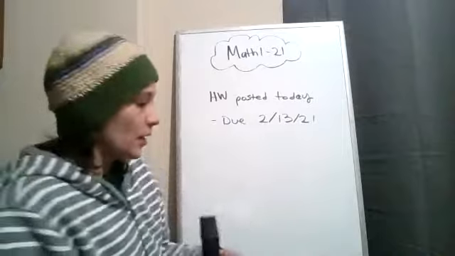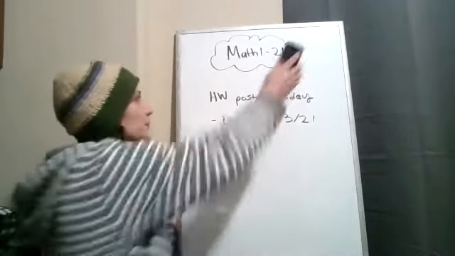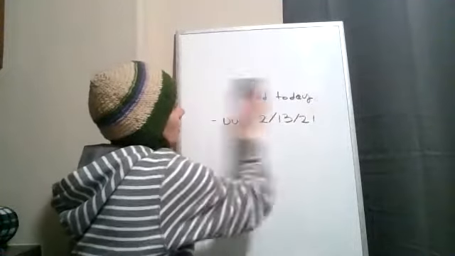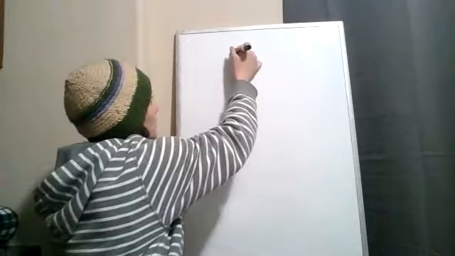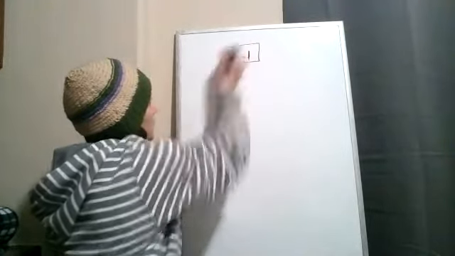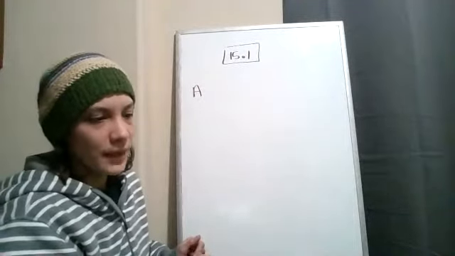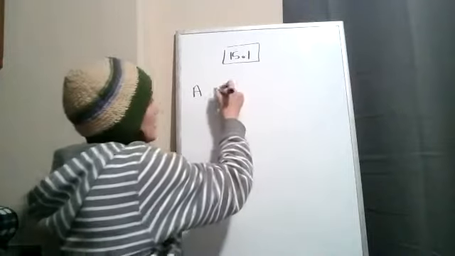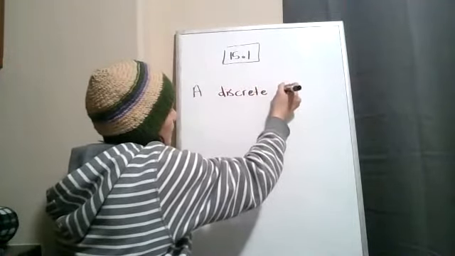So we left off with discrete random variables and continuous random variables. A discrete random variable is a variable, what's the variable?